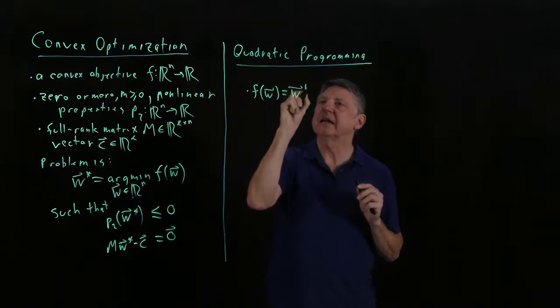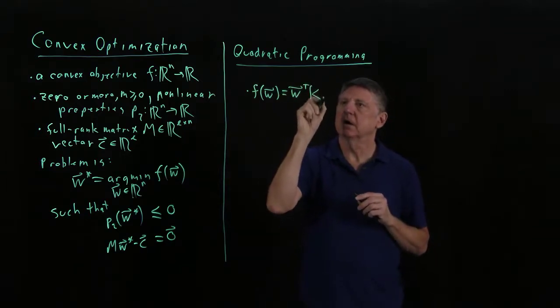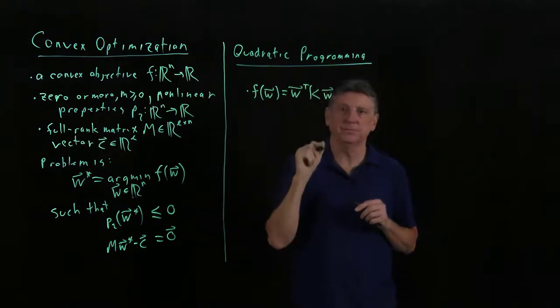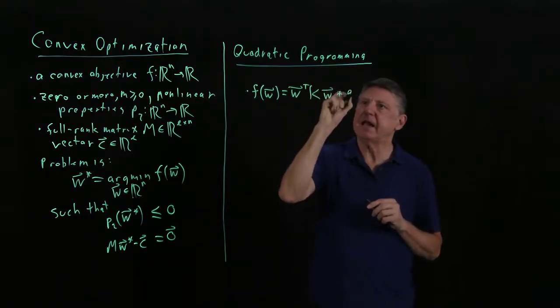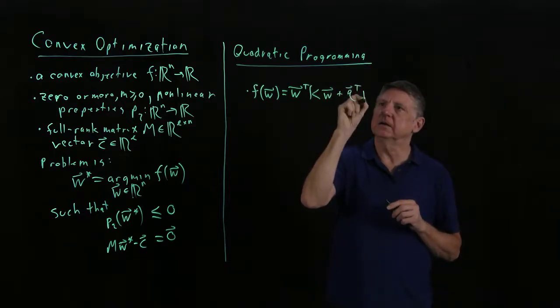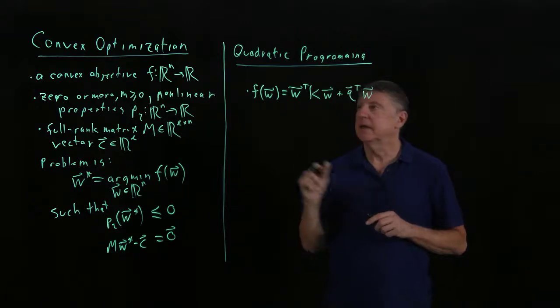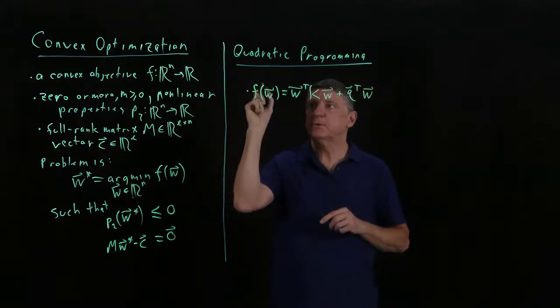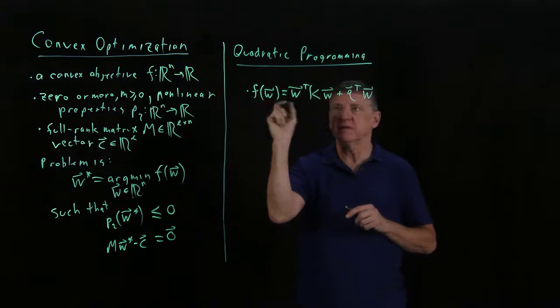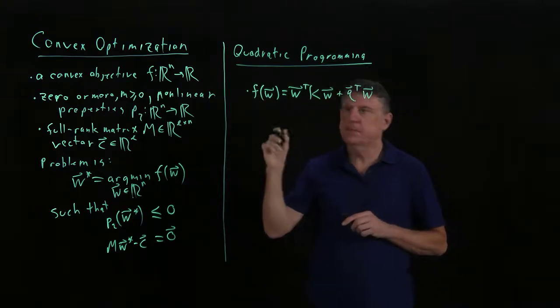We'll just write that as the transpose of a vector times a matrix times the vector, and then we may have some additional linear term added onto that. So it's a quadratic program if it's got a quadratic objective. So that's a quadratic form plus a linear form.